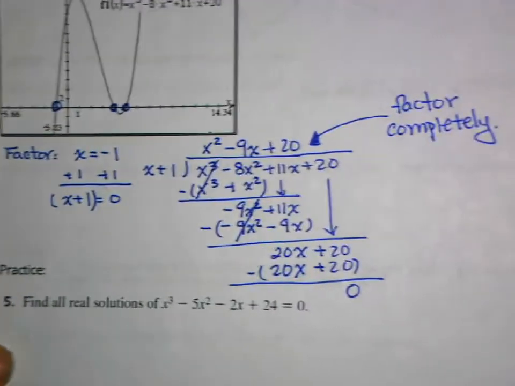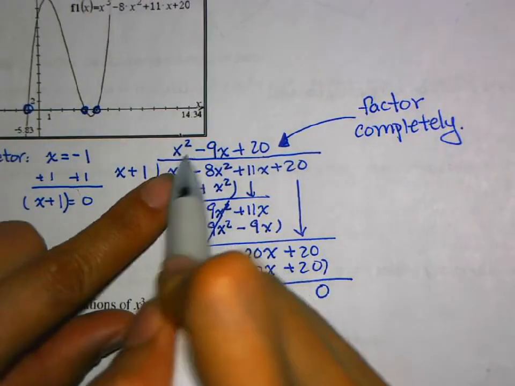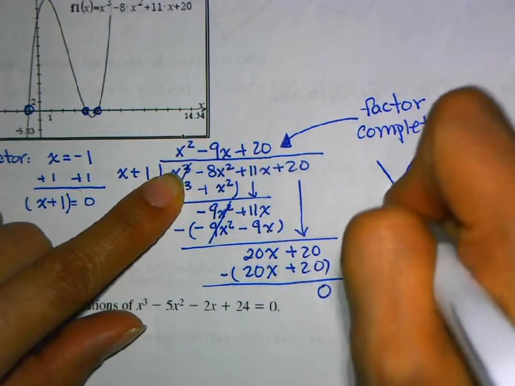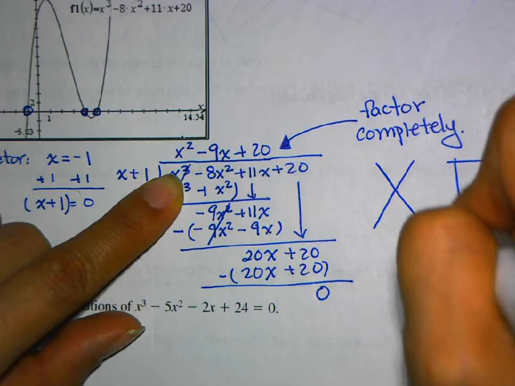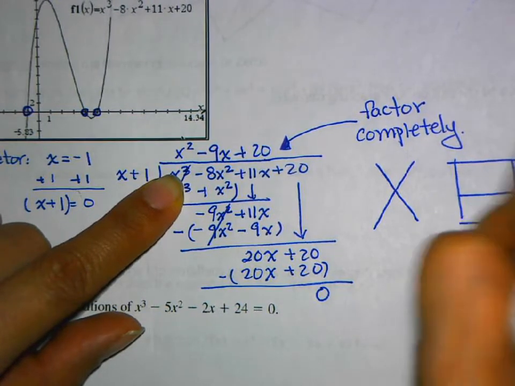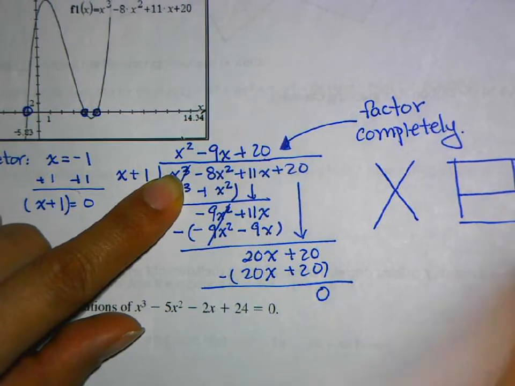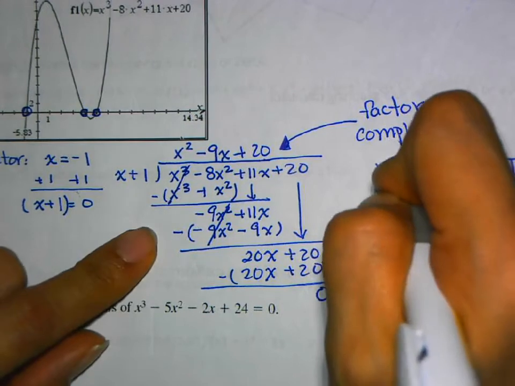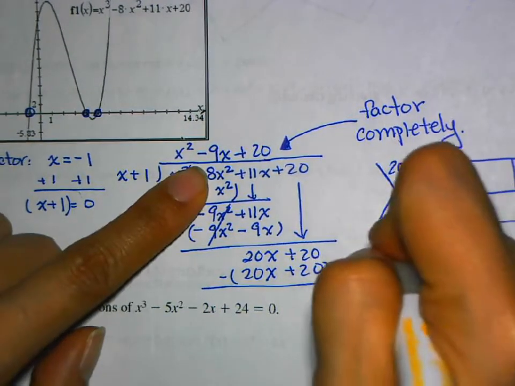And in order to factor that completely, this one has 3 terms. That means I'm going to use an X box with it. If you feel comfortable enough factoring that you don't need to use an X box, please feel free to do so. So the top of the box is a times c, which is 20. The bottom is -9.